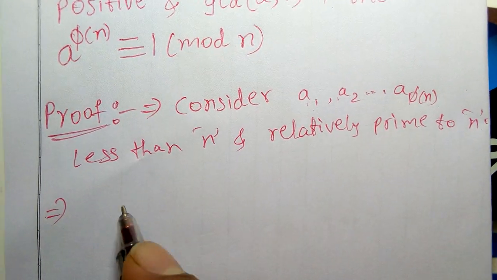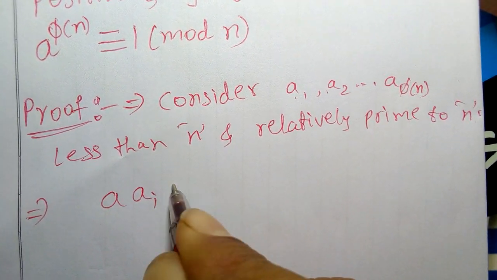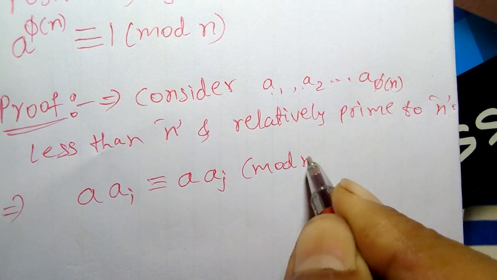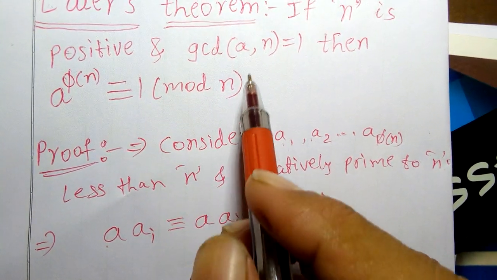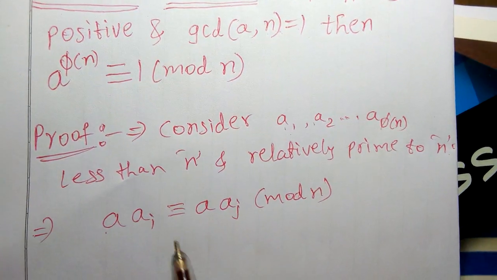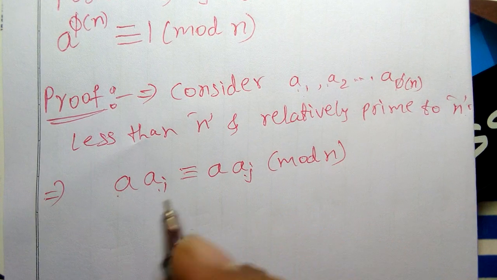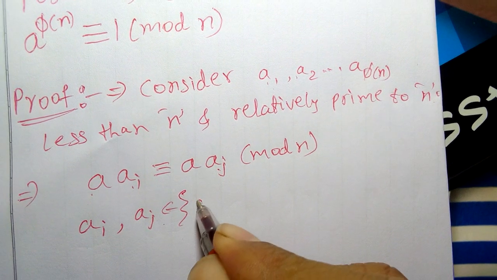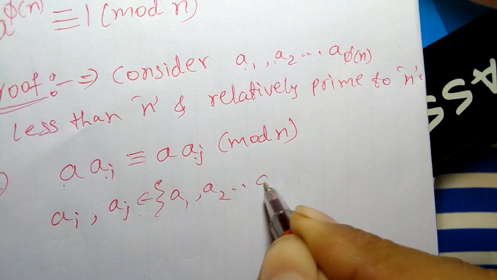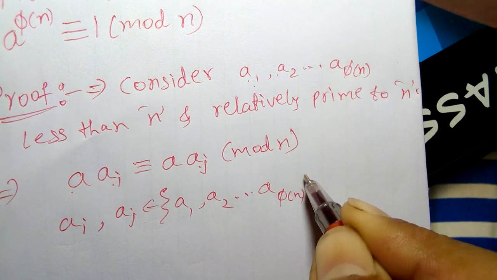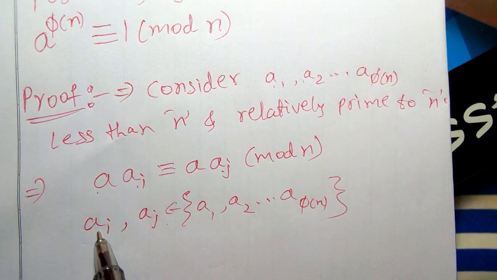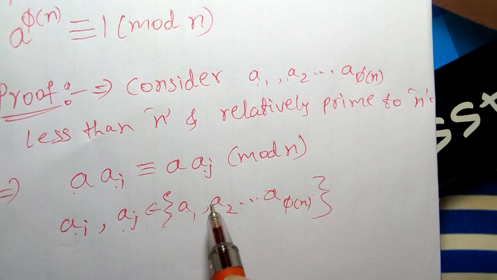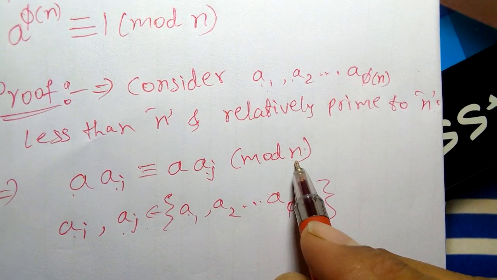Now we consider that a·ai and a·aj are congruent mod n. Here a is what is given, GCD of a and n is equal to 1, and ai and aj belong to the set a1, a2 up to a phi of n, the numbers which are less than n and relatively prime to n.